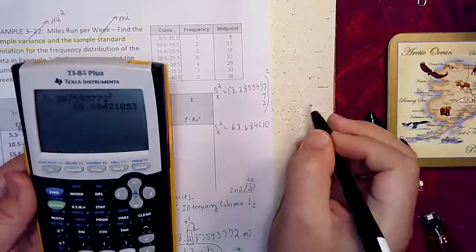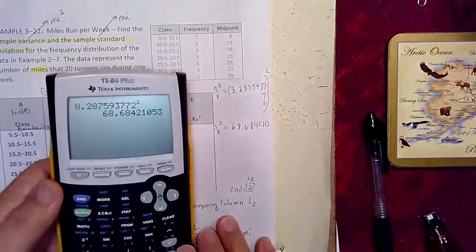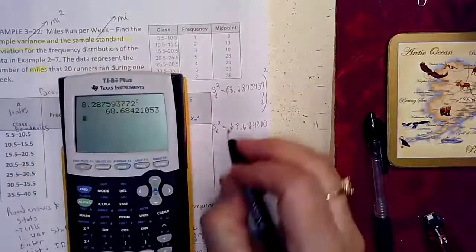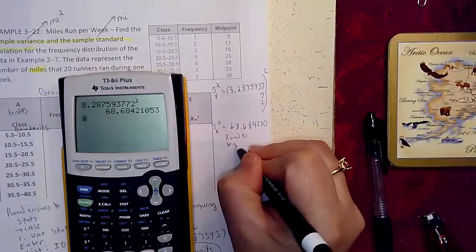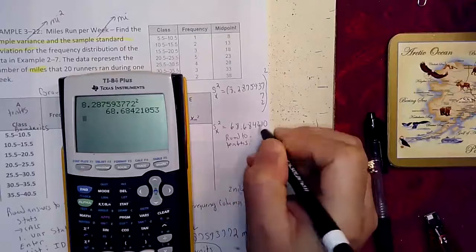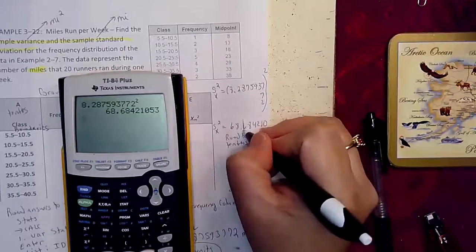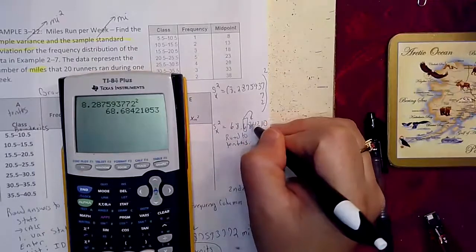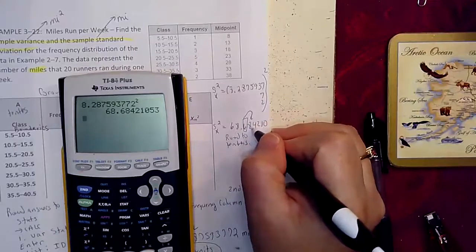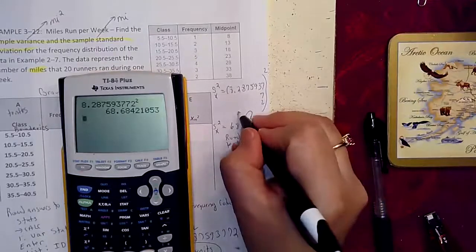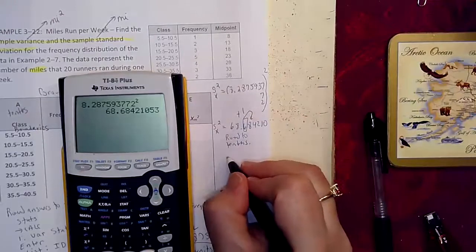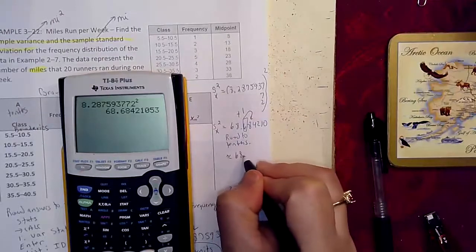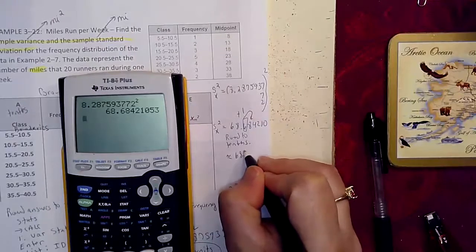68.684210. And then if I'm rounding that to the nearest tenths, because your class boundaries are in the nearest tenths too, right here, and then look at the number to the right. Is that 5 or more? Yes, it's an 8. So we have approximately 68.7.